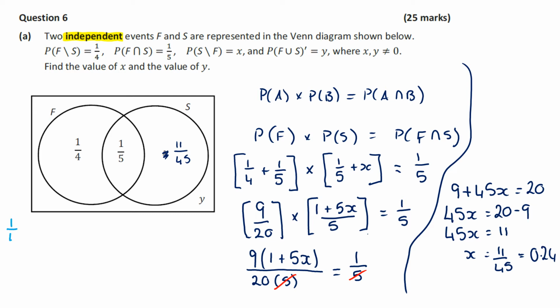So I'm going to work underneath here. I have a quarter plus a fifth plus 11 over 45 plus the value of y, and that should all add to give 1. I know that because it's in this universal set, that square box, and all the probabilities there should always add to 1.